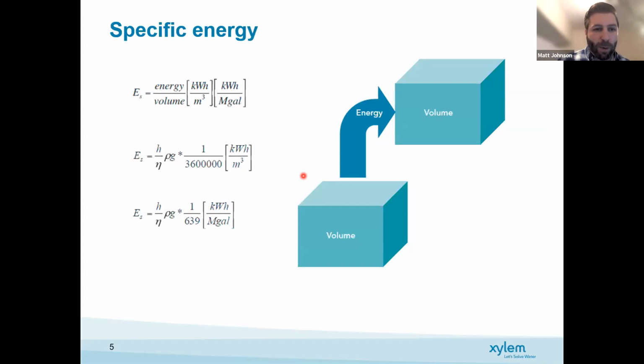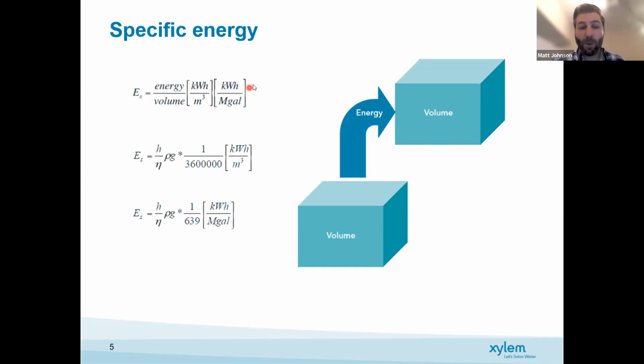Now, Sean used the term in one of his charts there, electric use intensity, where you're comparing the energy use in the plant to a fixed volume of water. Now, you can use that exact same number in individual pieces of equipment. And so for pumps, what we look at is specific energy, which is the unit of energy used over volume of water.